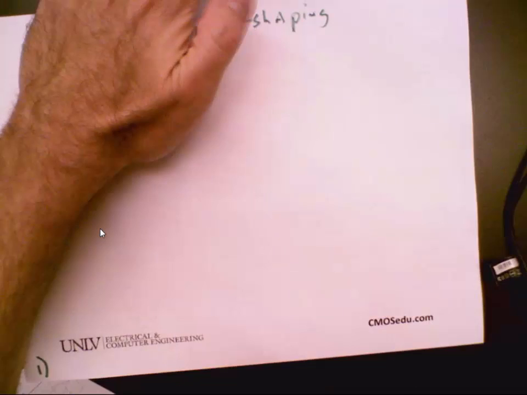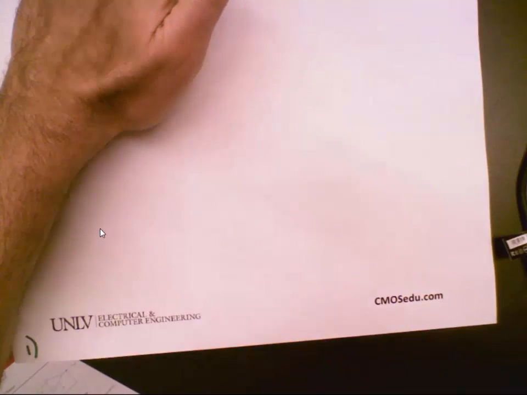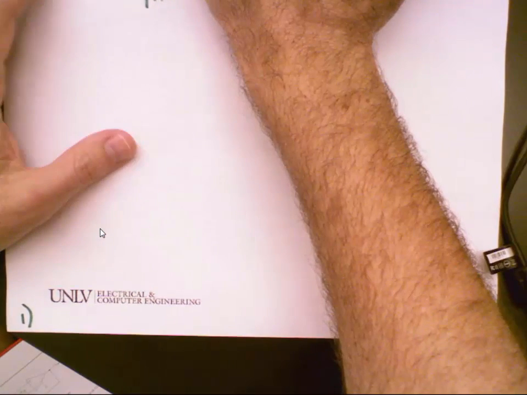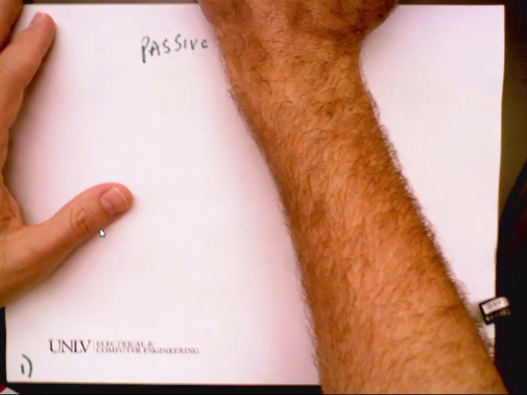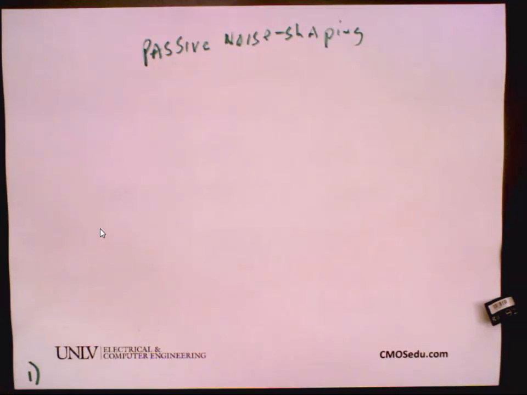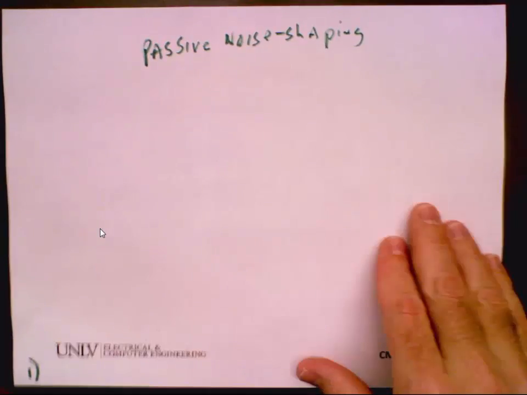Well, is it the one with the 4-bit? With the 4-bit, you start out with smaller VLSB, right? So you expect the noise to be smaller to begin with because you've got 16 levels versus 2 levels, right? Now notice it's not going to be perfect.